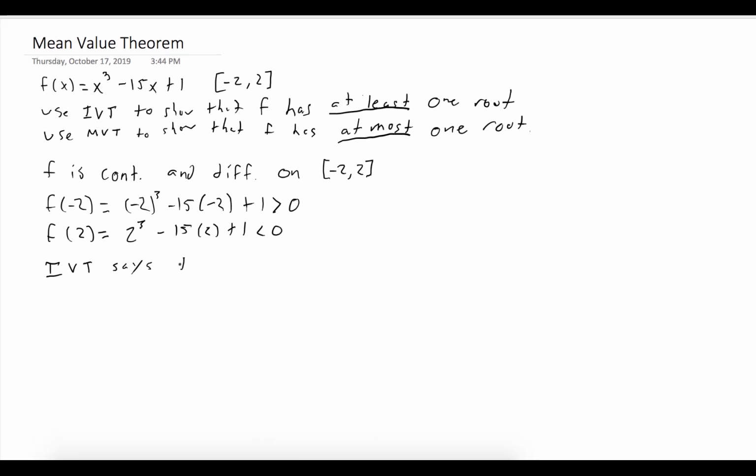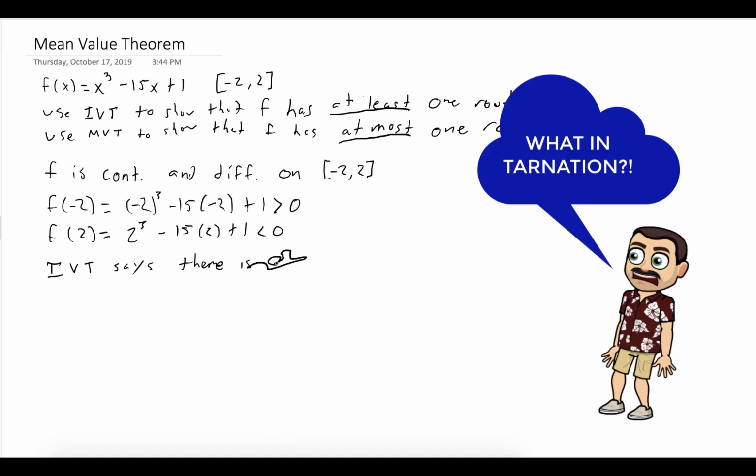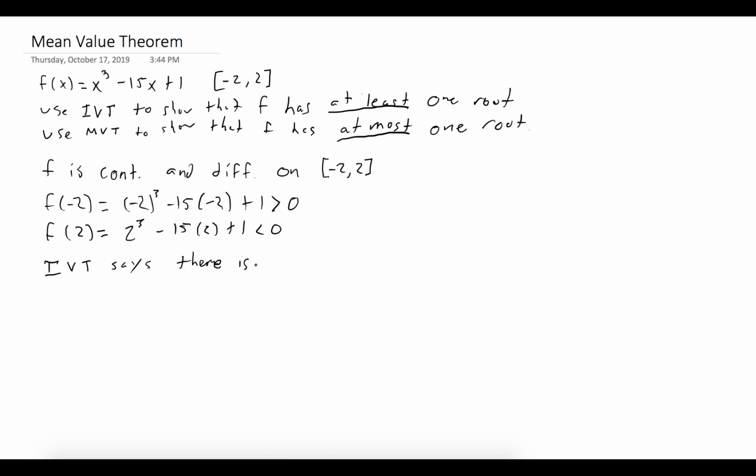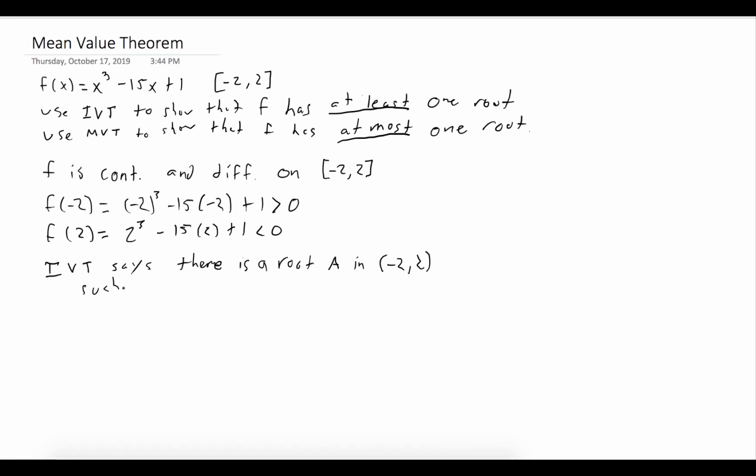So IVT says there is a root. There is a root, which we'll call capital A, in the interval -2 to 2, such that f of A equals 0.